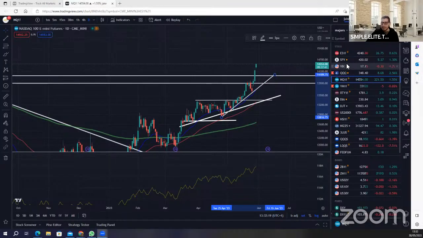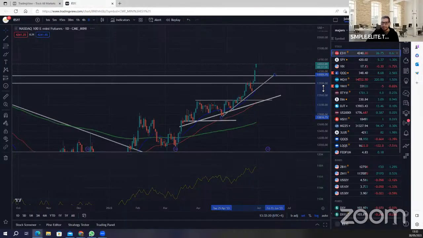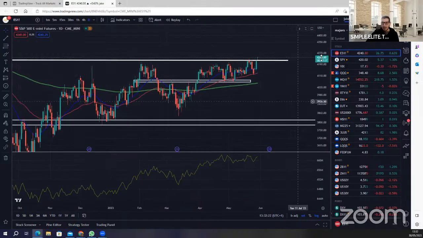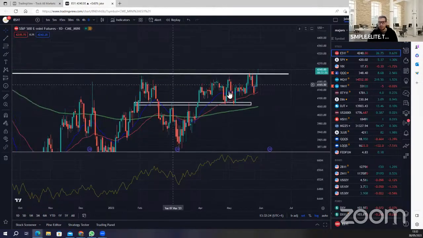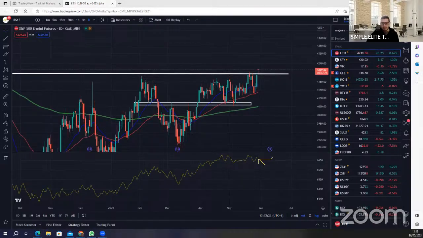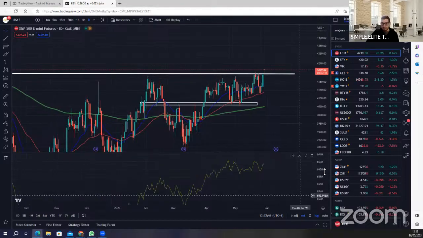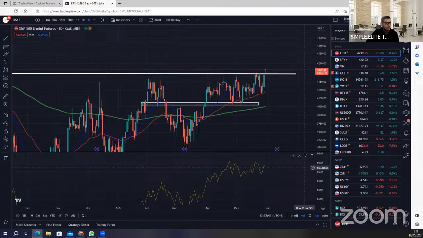So S&P 500 as well is now above the 4,200, but I would like to see that the line as well is doing the same, basically, because as you can see, it's still not catching up to the previous higher point, which is this one.